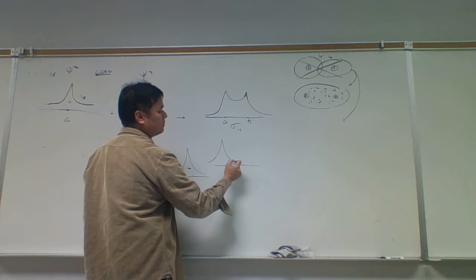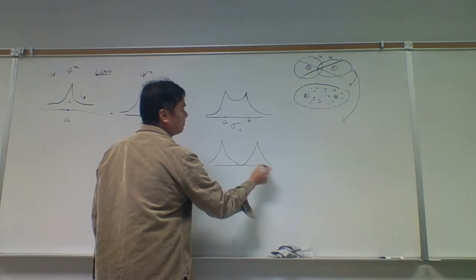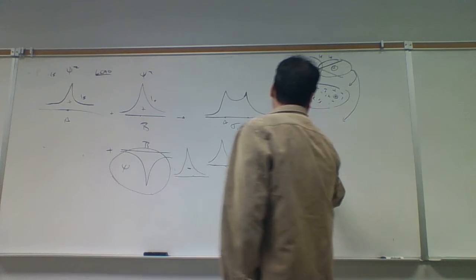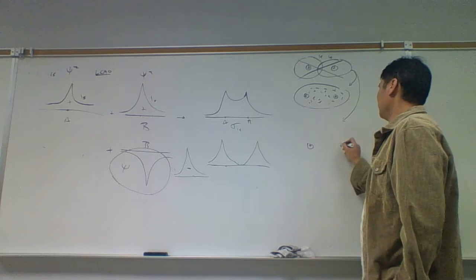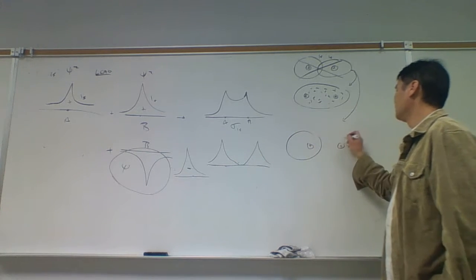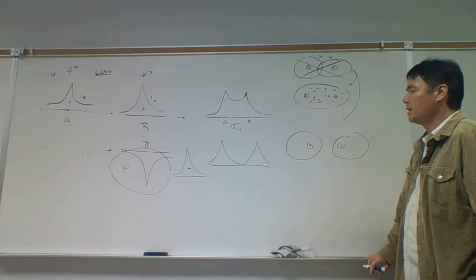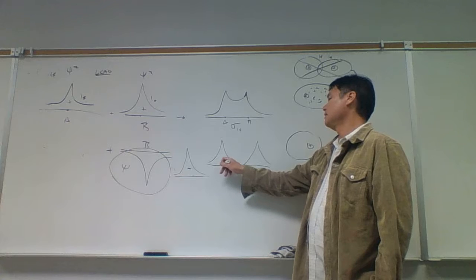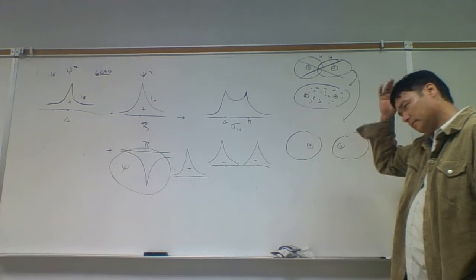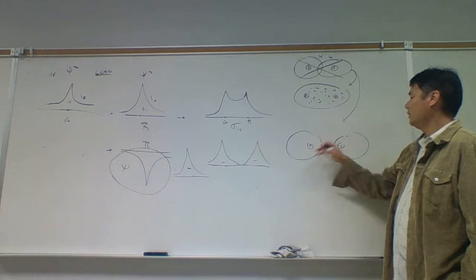So what we end up with is getting a node. And so the way this looks is like this. An antibonding orbital would have one lobe over here, another lobe over here. It's because of how it adds. So this came from the plus, this came from the minus. So plus plus. And so it looks like this.